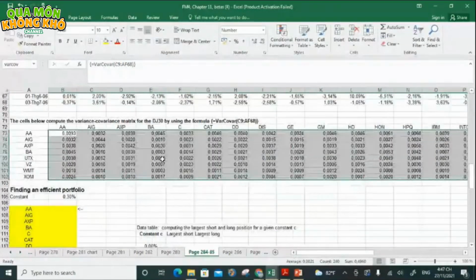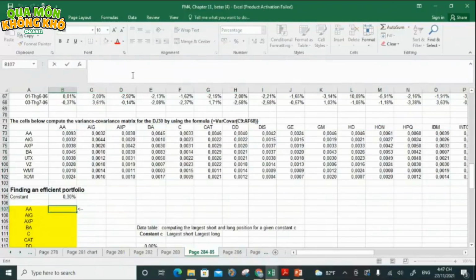And here we have the variance-covariance matrix. To calculate the mysterious portfolio, you need to find an efficient portfolio based on this matrix, using matrix multiplication and the inverse.